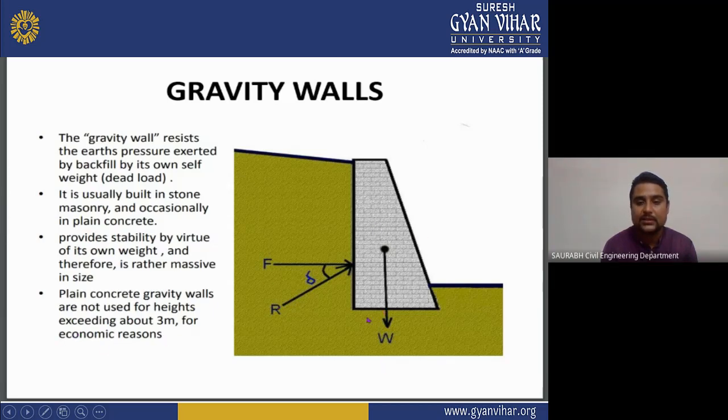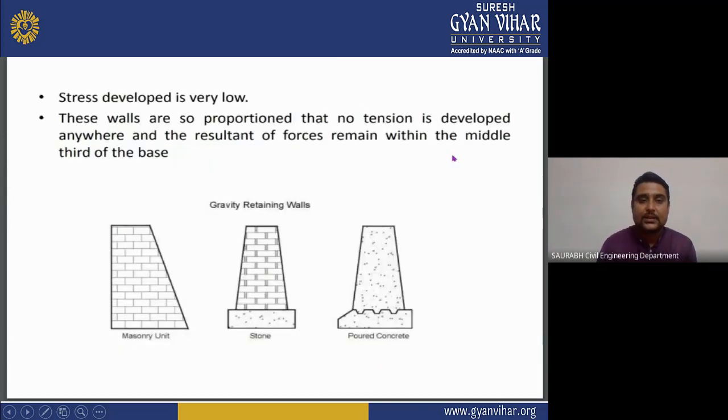As you can see here, that is your weight and this is your angle of repose of a gravity wall. Stress developed is very low. These walls are so proportioned that no tension is developed anywhere, and the resultant of force remains within the middle third of the base.